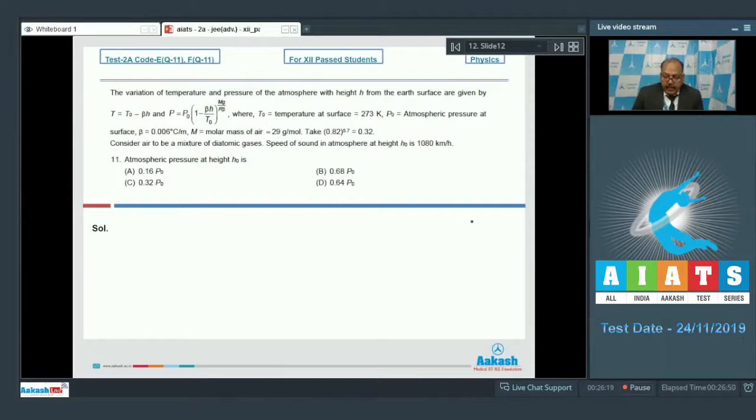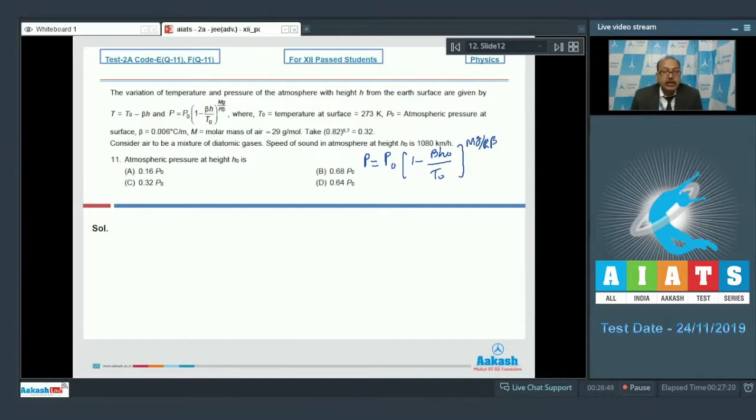So if we do this calculations, we are getting value of P is equal to P0. Options are in terms of P0 only, so we don't have to put the value of P0. We simply write P0 and then into 1 minus beta H0 by T0, and raised to the power mg upon R beta.